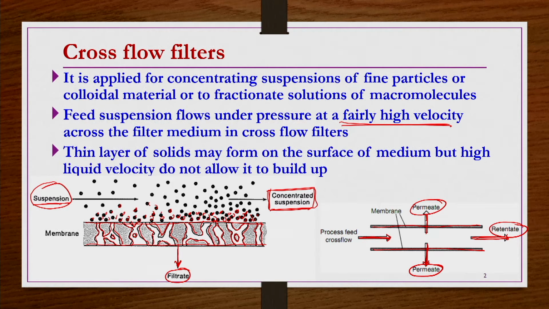A thin layer of solids may form on the surface of the medium, but the high liquid velocity that is maintained will not allow these particles to build up as cake. So cake formation would not be there because of this high velocity of the feed liquid, which carries away particles along the flow direction.